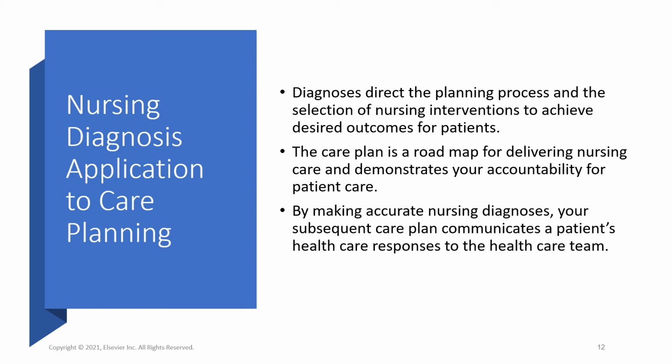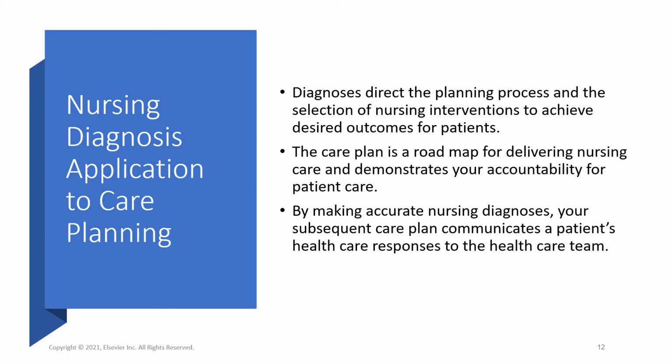Diagnoses direct the planning process and the selection of nursing interventions to achieve desired outcomes for patients. So back to a couple of things that we've talked about: ineffective airway clearance and pain. Let's just talk about those two things. They help decide what I'm going to do as a nurse when I get into that implementation phase.